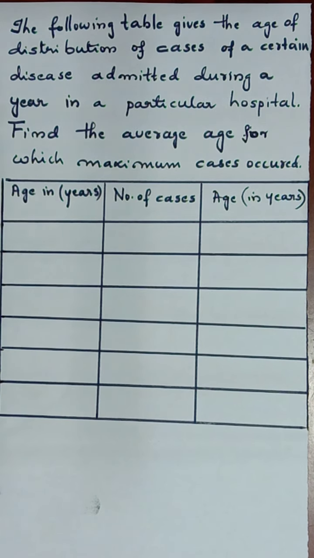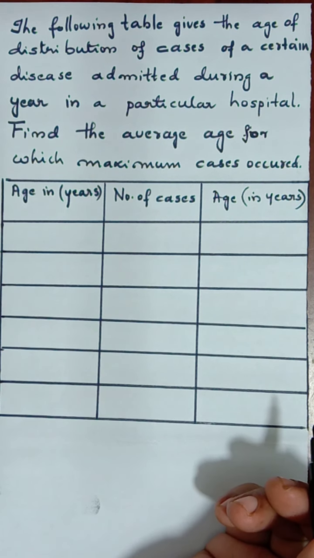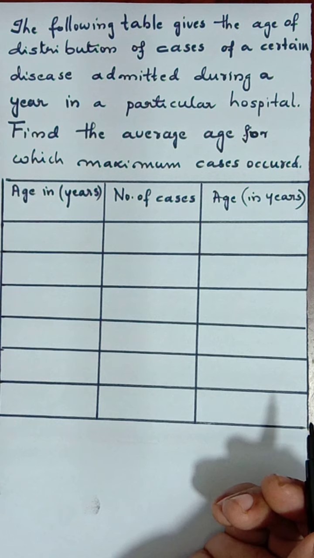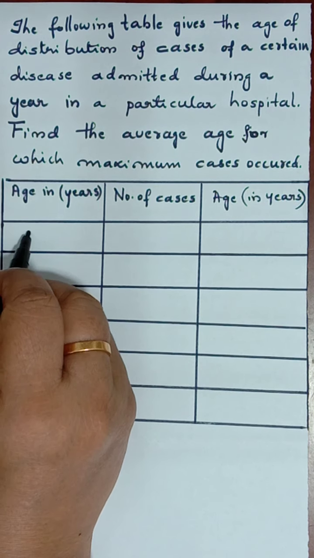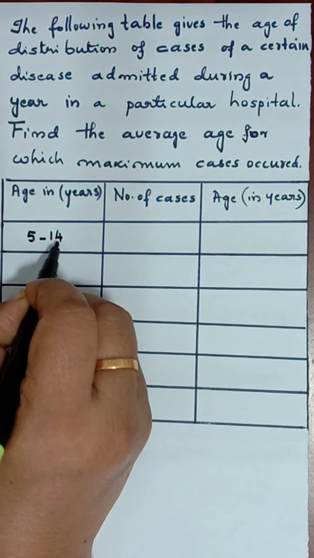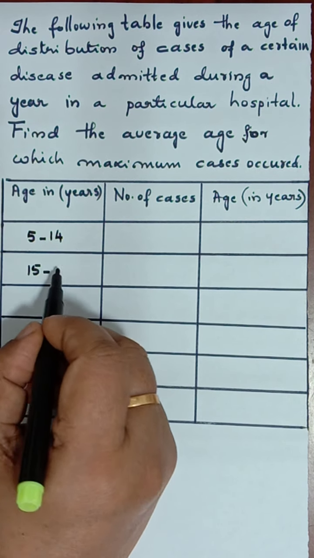Here we have the second question. The following table gives the age distribution of cases of a certain disease admitted during a year in a particular hospital. Find the average age for which maximum cases occurred. The age in years is given as 5 to 14. Here you have to be careful. After 14, number 15 comes.